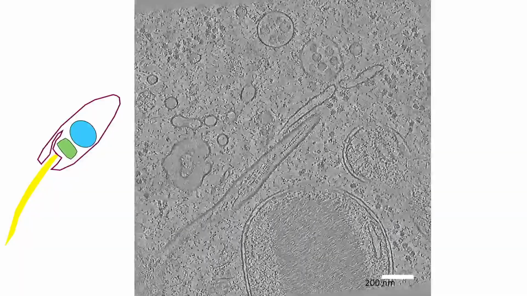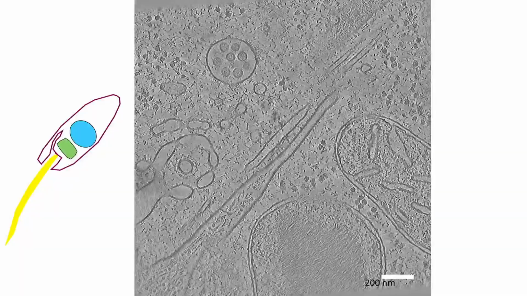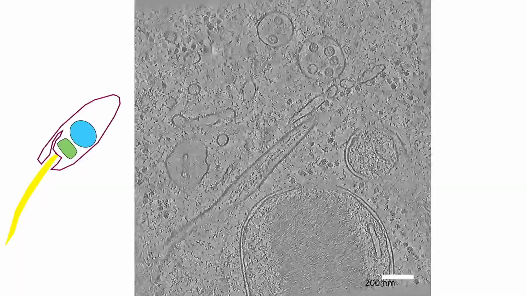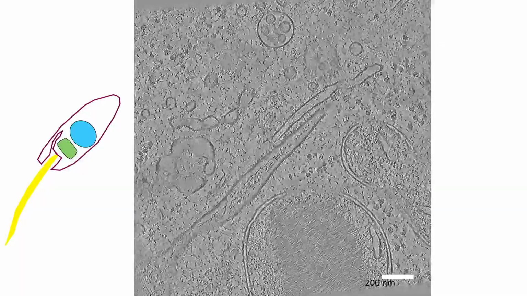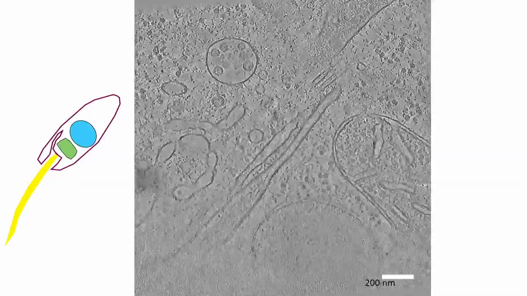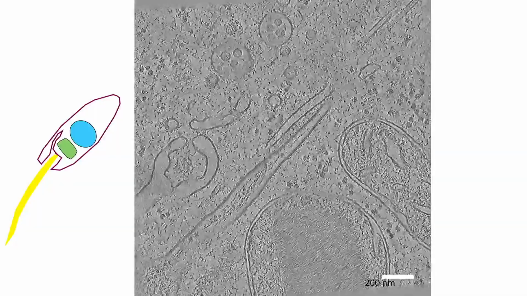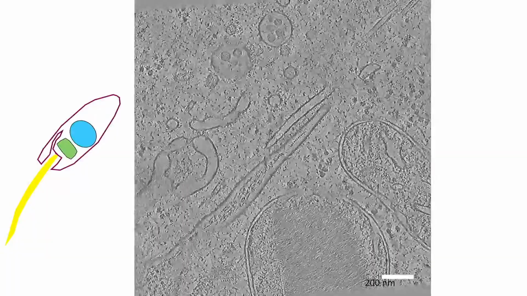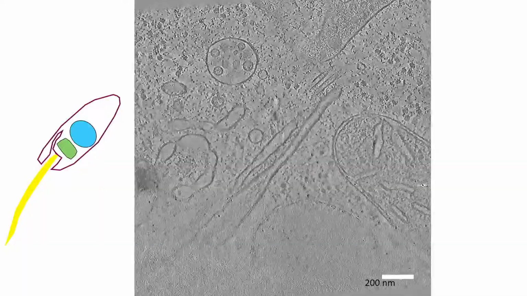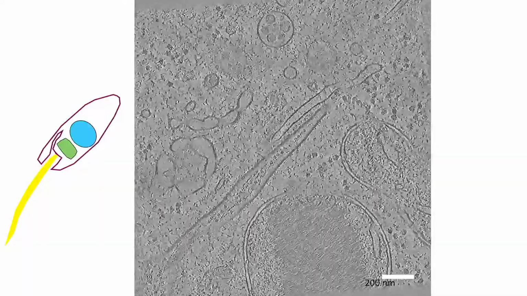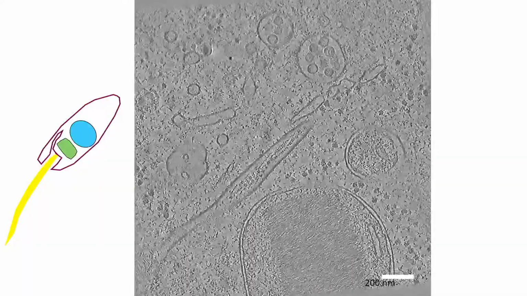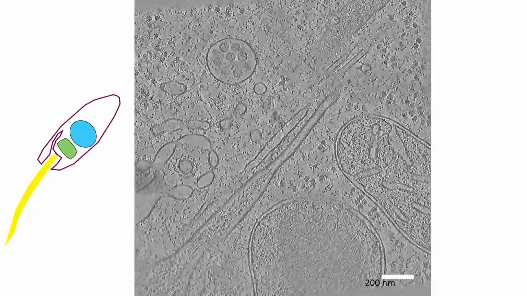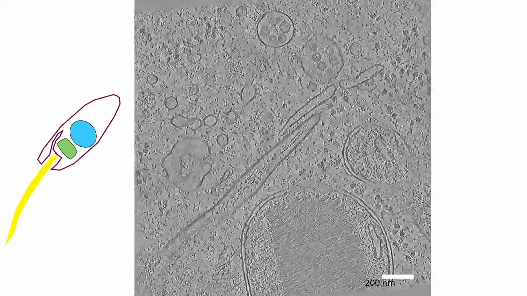So I strongly believe that this is the cytopharynx of Paratrypanosoma, and it is kind of different from T. cruzi, because in T. cruzi it opens from outside the flagellar pocket, and in Paratrypanosoma it opens from inside the flagellar pocket. And we can see here coated vesicles surrounded by the ER as well. We can see the mitochondria and the kinetoplast.